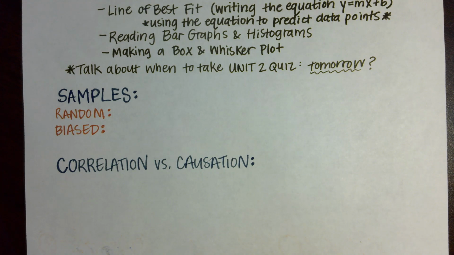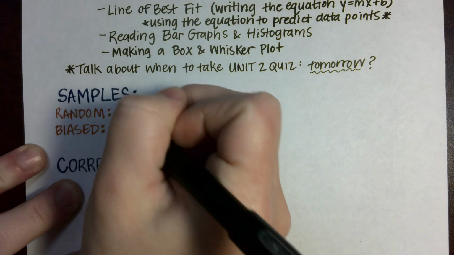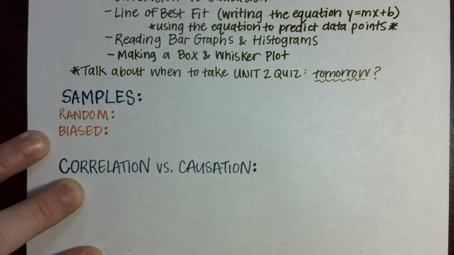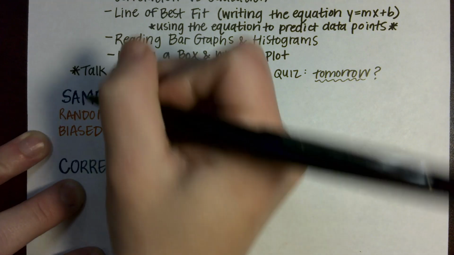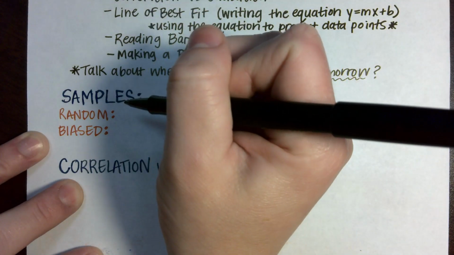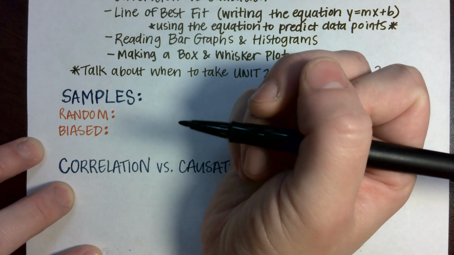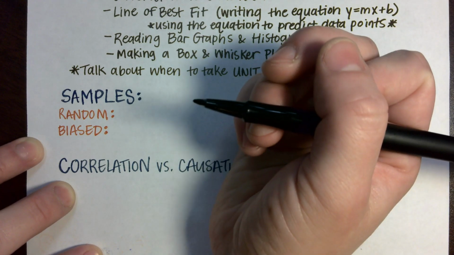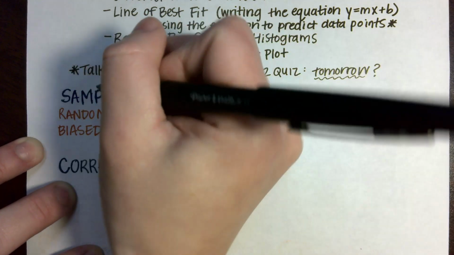So in a random sample, I'm going to write every person in the population has an equal chance of being picked. So if it's random, that means there's no way to tell who is more likely to be picked than someone else because they all have the same likeliness. It's an equal chance.